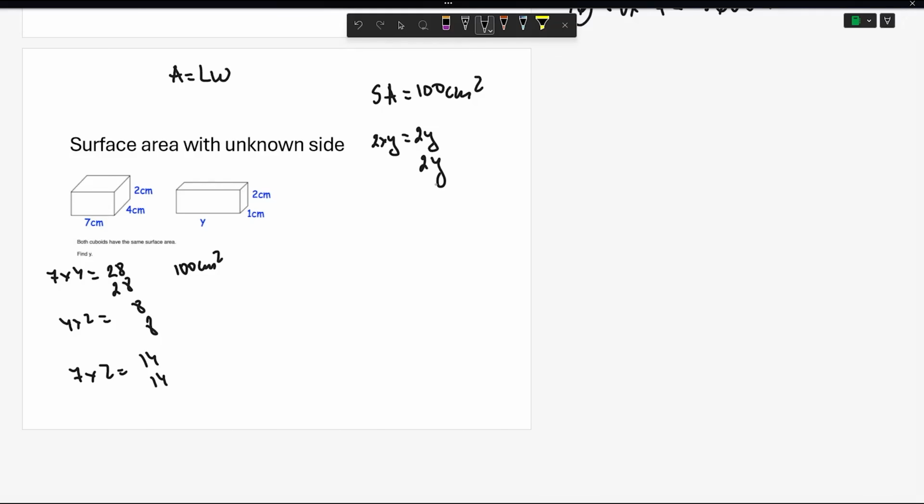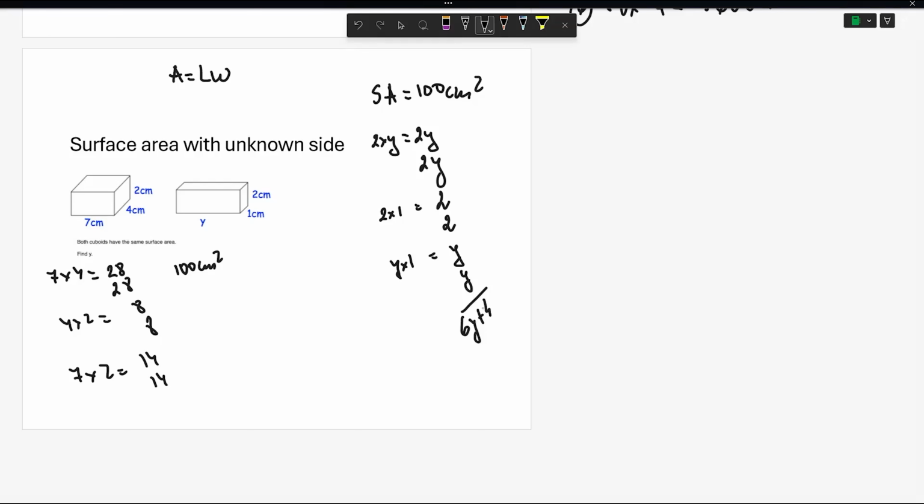Then this side here: 2 times 1 is 2, and this side here is exactly the same, so you just write 2. Now the side on the bottom: y and 1, so y times 1 is just y, and on the top it's exactly the same. So when you add it, you have 6y plus 4.